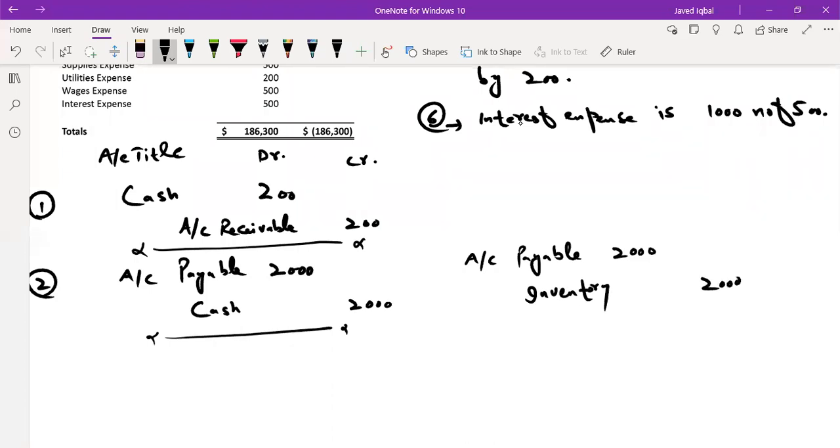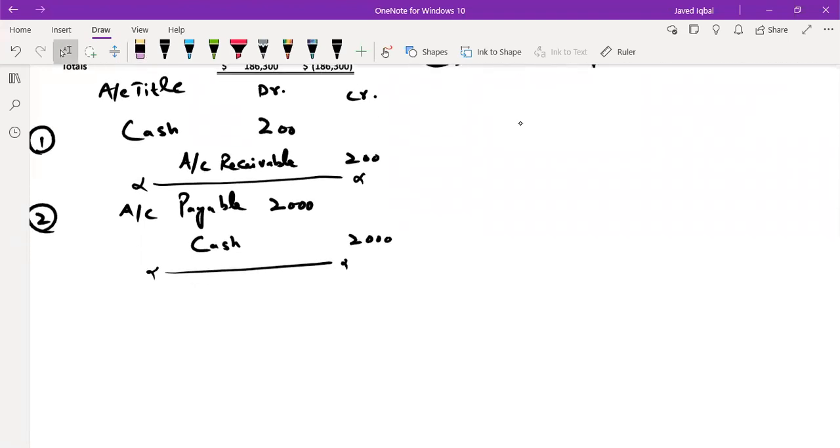Only then we will not be recording it through cash. This is the other possible way of doing this transaction, but over here we'll be doing it in the way that we have paid it. So that is our probable adjustment one.